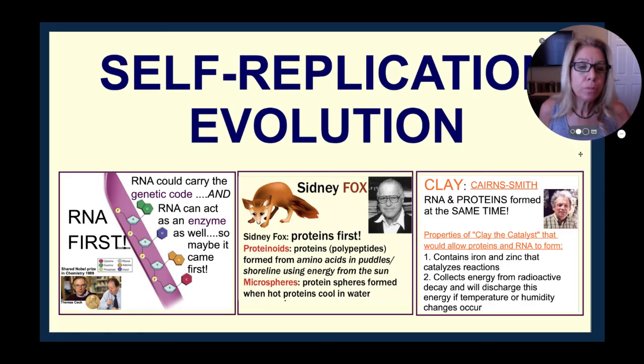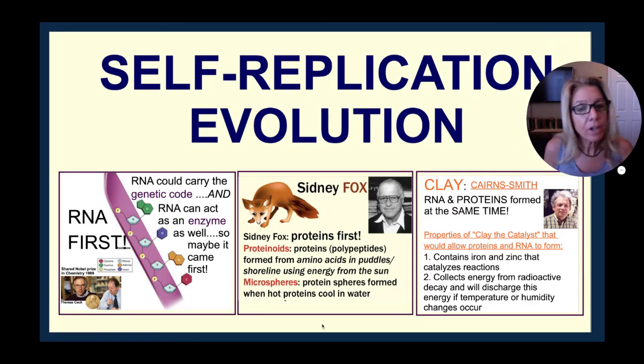Okay, now to be a true cell, you have to have a code and you have to have a self-replication ability to make more of your cells. So on your RNA First, RNA coded for proteins and then it's hypothesized that reverse transcriptase formed DNA as a storage location for the genetic code.